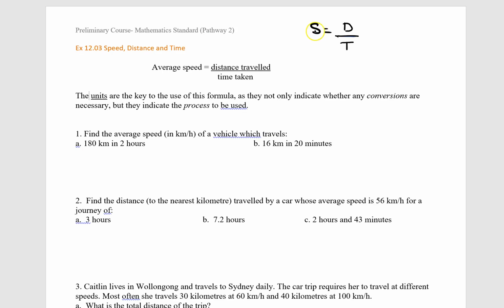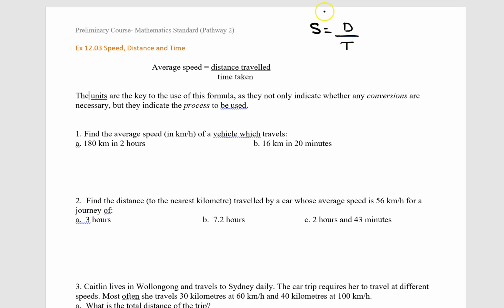Now, obviously, the formula can be used to calculate speed, and you'll need to have a number for distance and a number for time. This same formula could be rearranged to make something else the subject, for example, time.